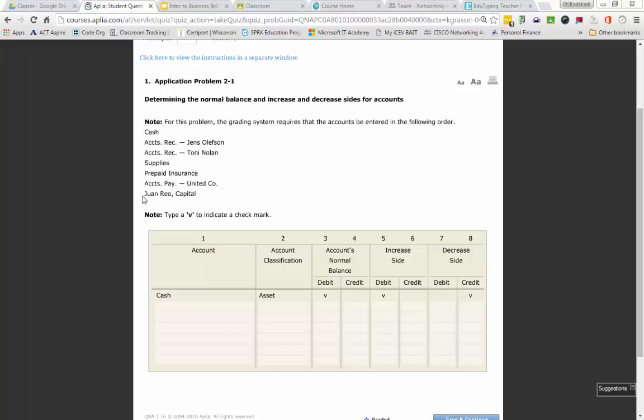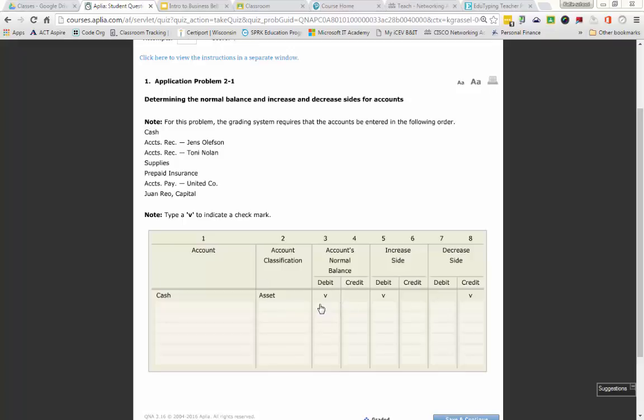Up here you'll see that they give you the accounts, cash, accounts receivable, and so on, and then total. If you put them out of order, Aplia will mark it wrong.